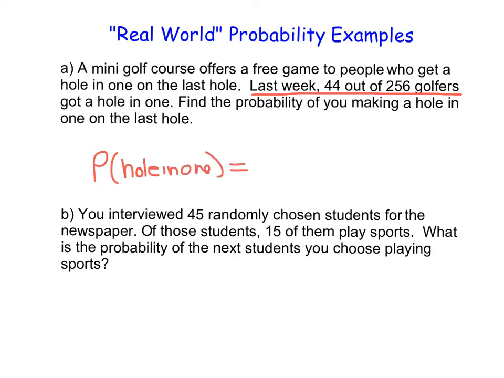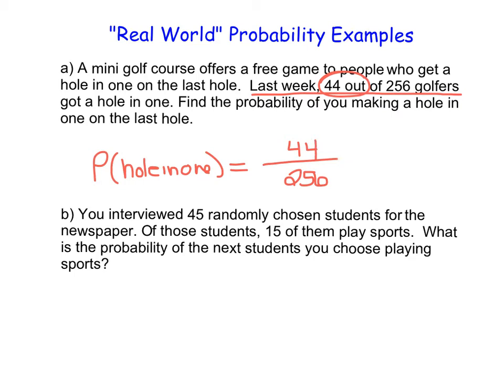So remember here, we're taking the favorable outcomes over the total outcomes. So total last week in our denominator, we had 256 golfers. Then in our numerator, we want to have the favorable outcomes. Well, favorable is making a hole-in-one, and last week 44 people did that.